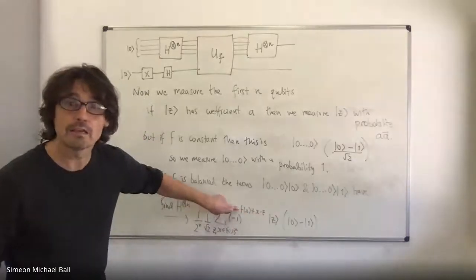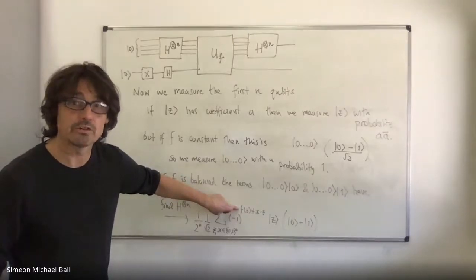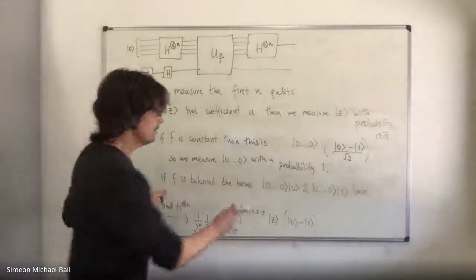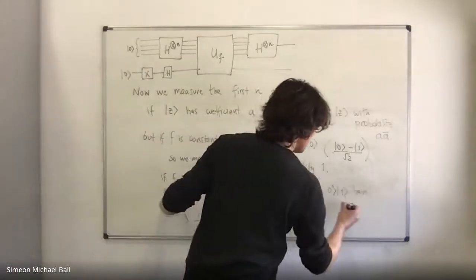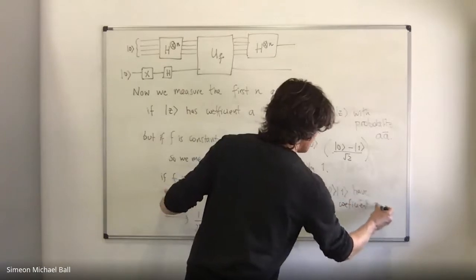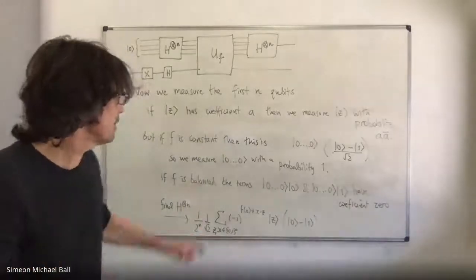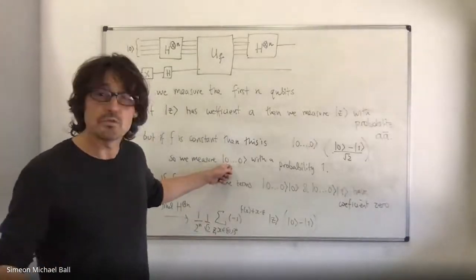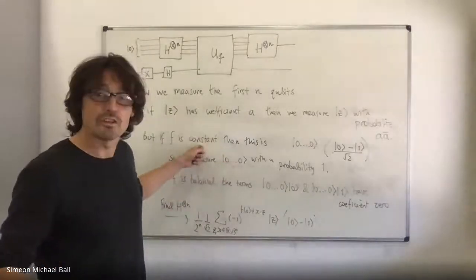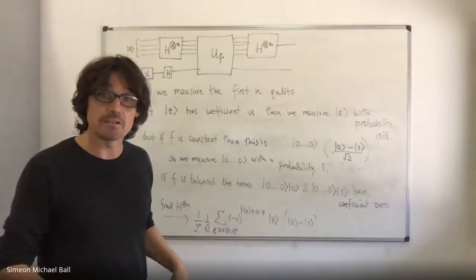So we're going to get 50% of the time 1, and 50% of the time minus 1. They add up, we get 0. So they have coefficient 0. So if we measure all zeros, we know f is constant. If we measure anything else, we know f is balanced.